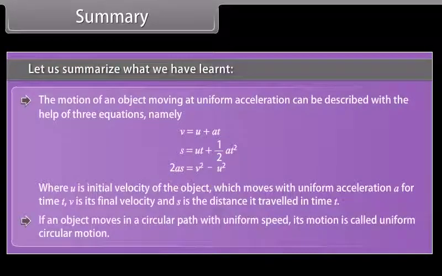If an object moves in a circular path with uniform speed, its motion is called uniform circular motion.